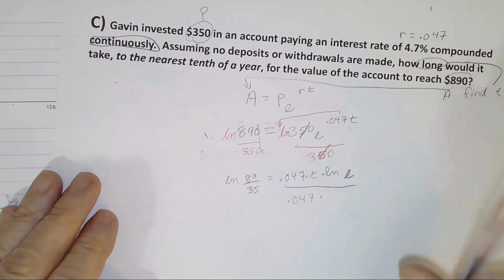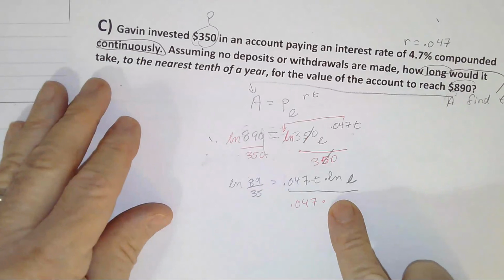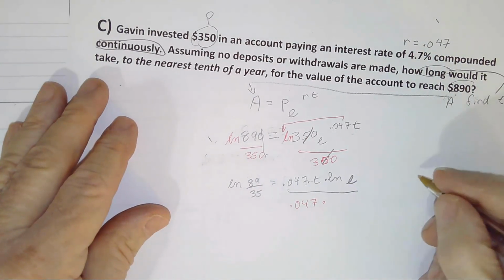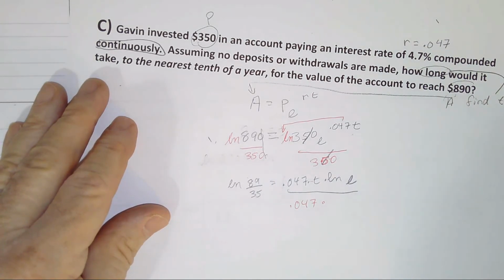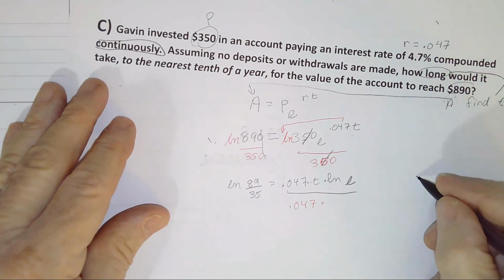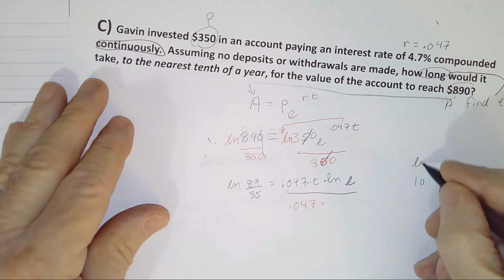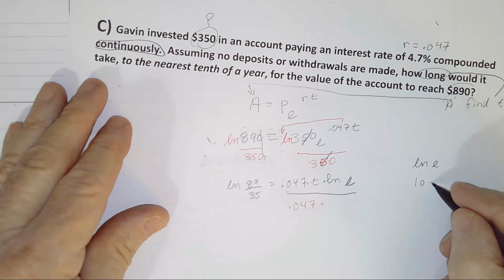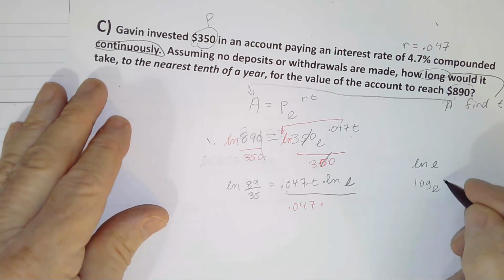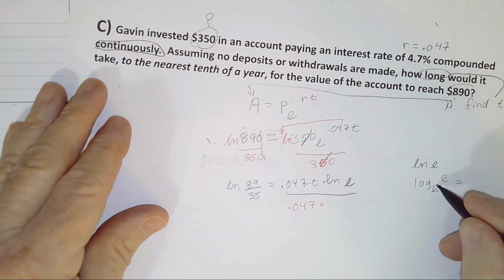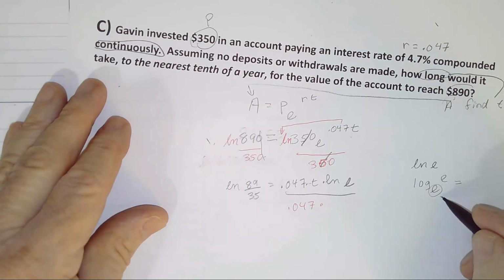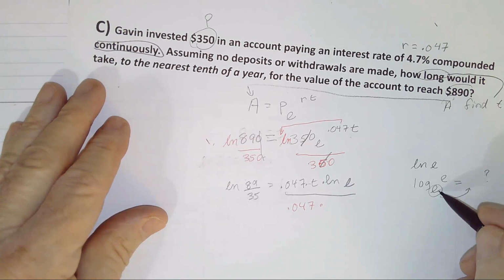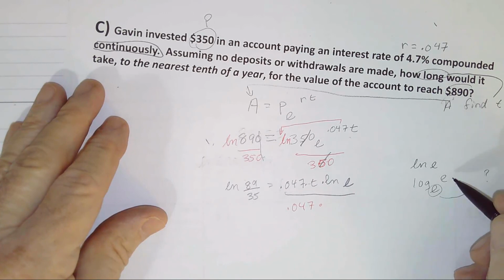Oh, remember the natural log of e? Natural log of e is the log base e of e. And what power do you need for a base of e to come up with an output of e?